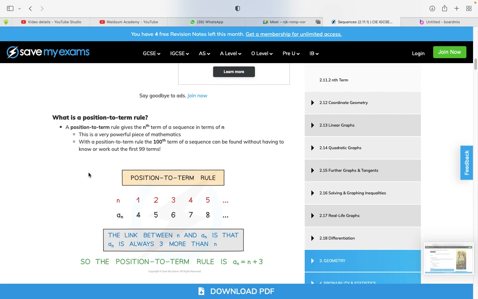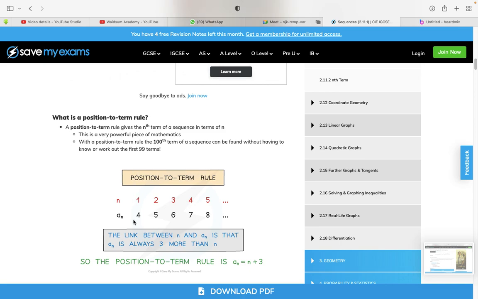With a position to term rule, the 100th term of a sequence can be found without having to work out all the first 99 terms. Once you know the rule, the formula for the nth term, you can use it to calculate the 100th term. You just substitute 100 for n.